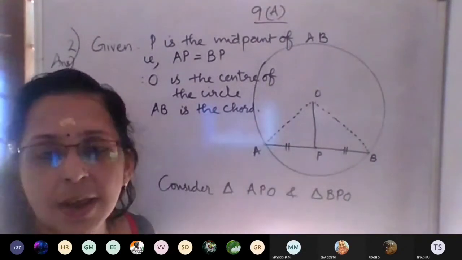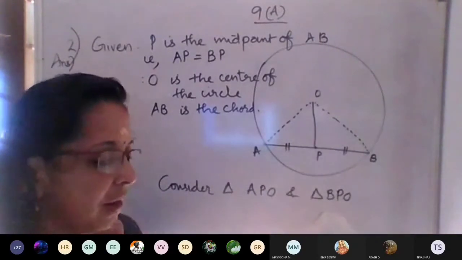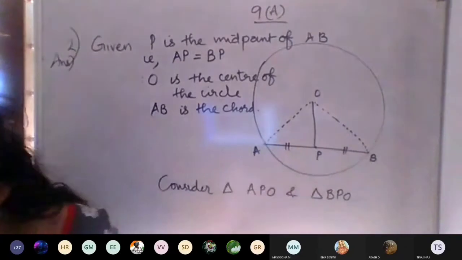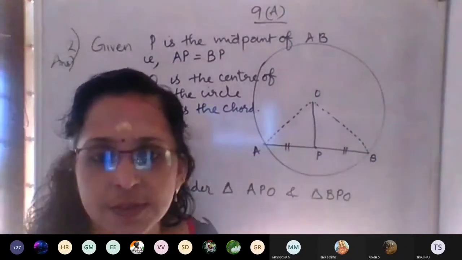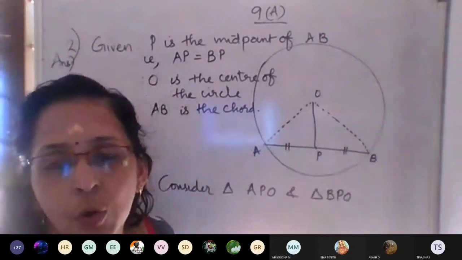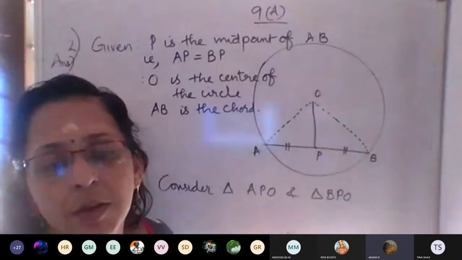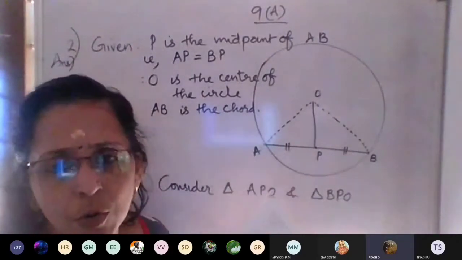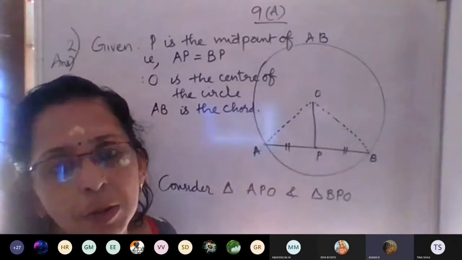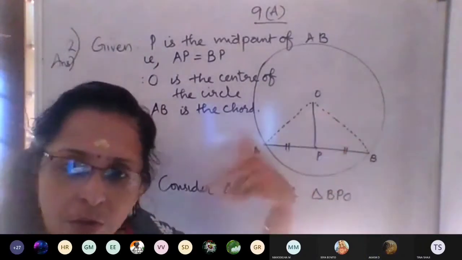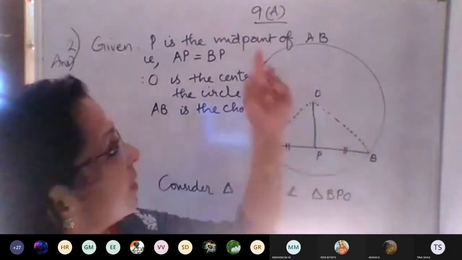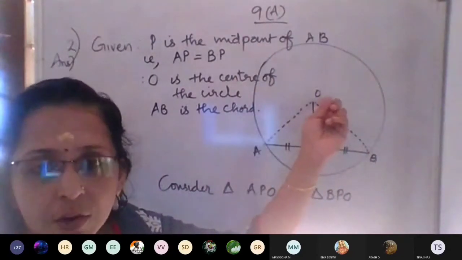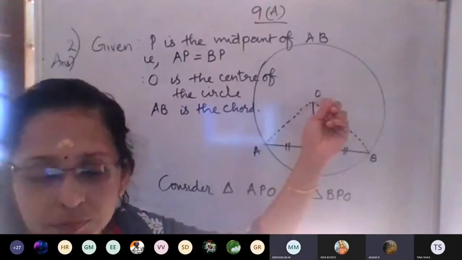Instead of writing these three points separately, you can directly write: in the figure, O is the center of the circle, AB is the chord, and P is the midpoint of chord AB. Write in your own sentence, no problem.